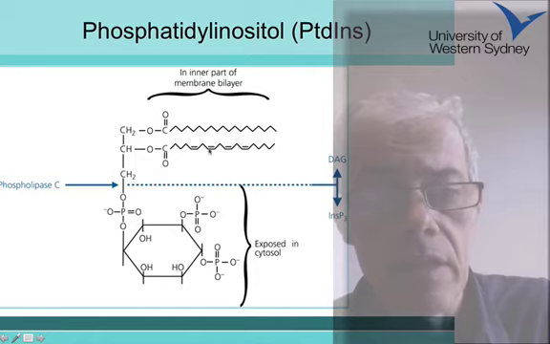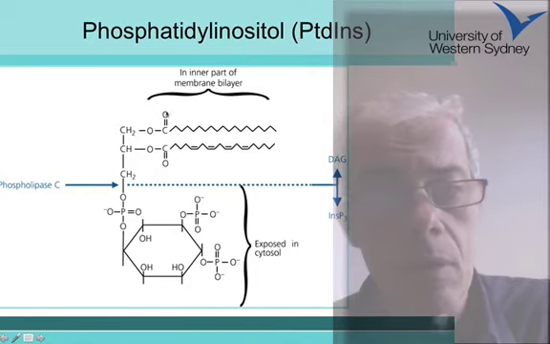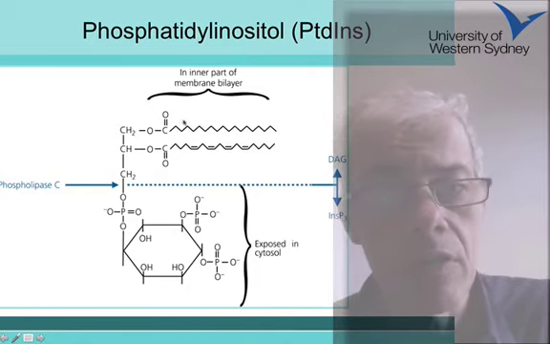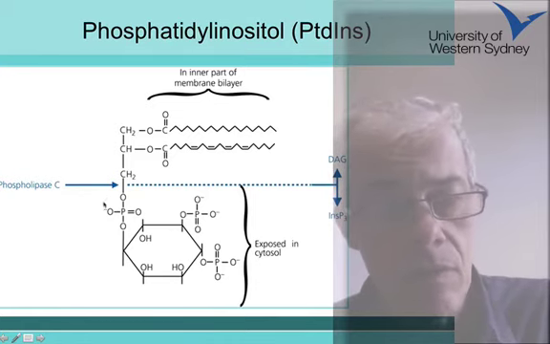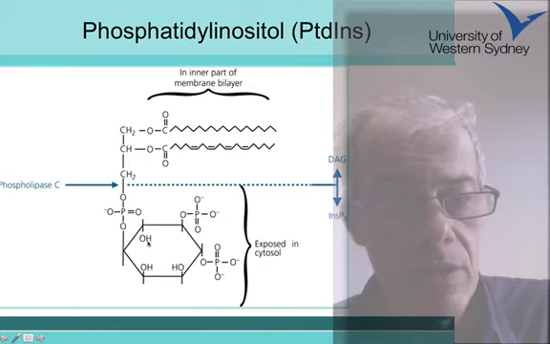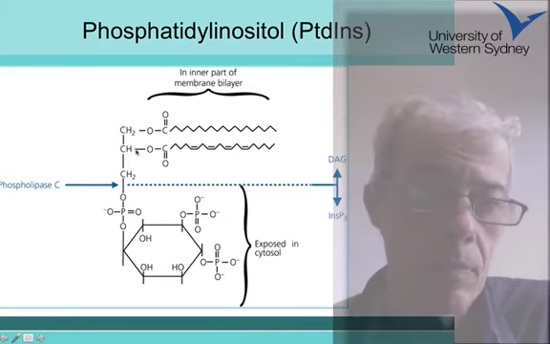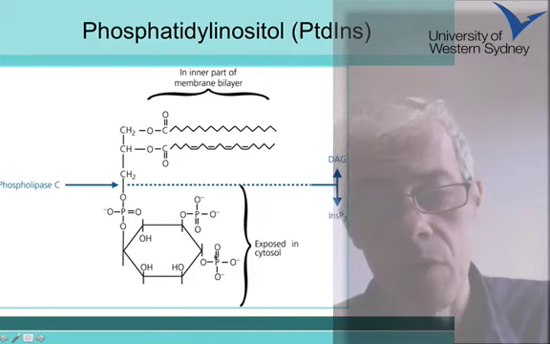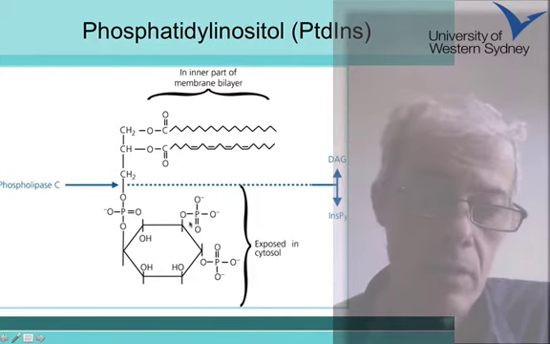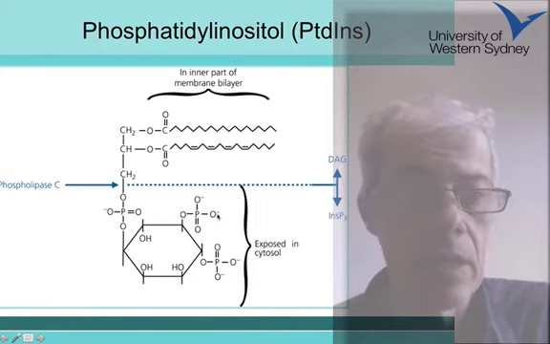Here we have a diagram from Hancock which shows that information. Here's the diacyl glycerol component of the phosphatidyl inositol. Here's the phosphate group that links the sugar to the diacyl glycerol, and here's a sugar shown phosphorylated on two positions. I think that's the 4 and the 5 positions.